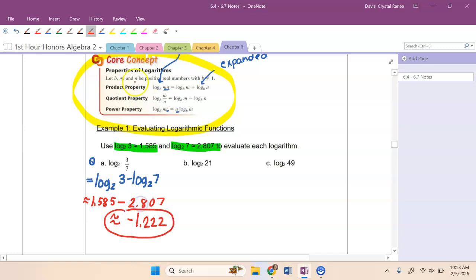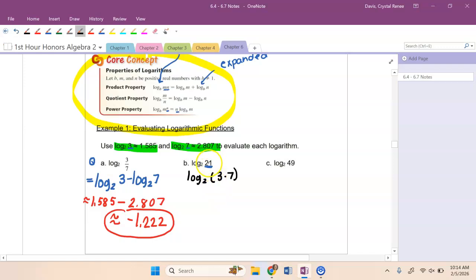On B, we have log base 2 of 21. Now we want to break 21 down into 3 and 7 somehow, because those are the two things that we know. A lot of you are probably thinking, well, 3 times 7 is 21, so we can rewrite this as log base 2 of 3 times 7.